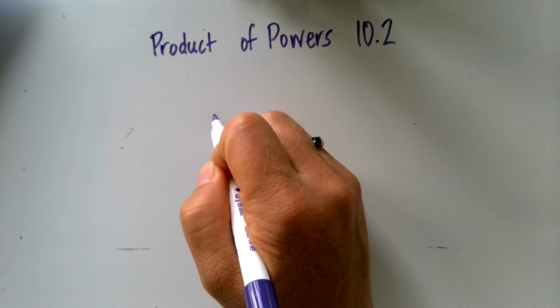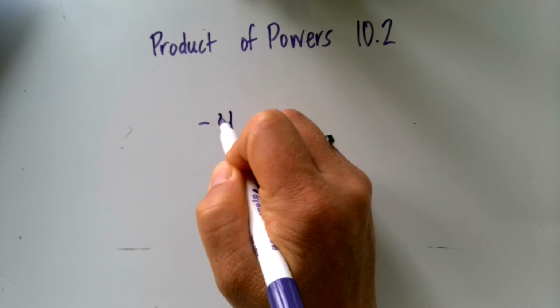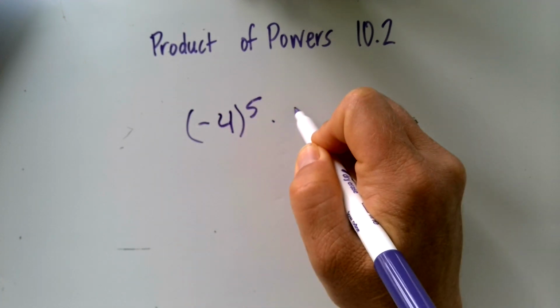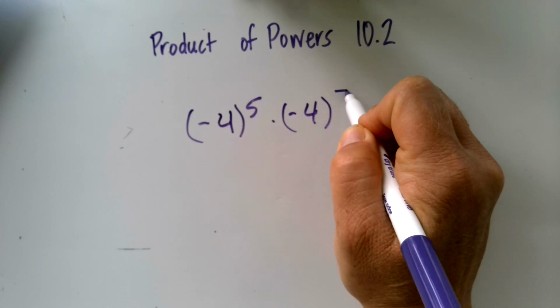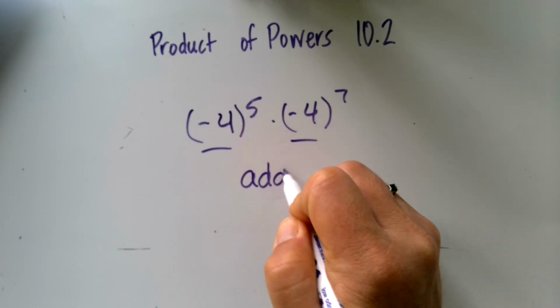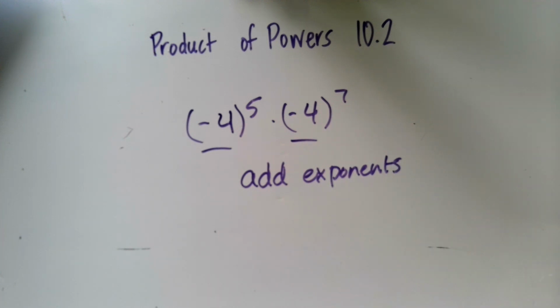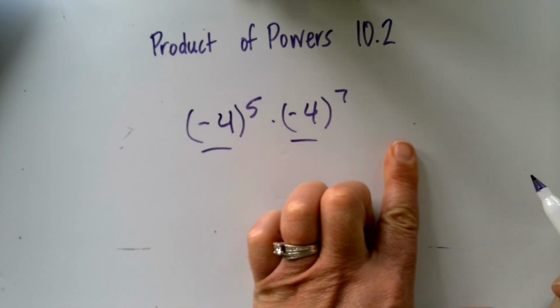If you are multiplying two things together, let's say we have -4 to the fifth times -4 to the seventh. If you have the same base and you're multiplying them together, you can add exponents. Only if you have the same base and you're multiplying them together. Okay?